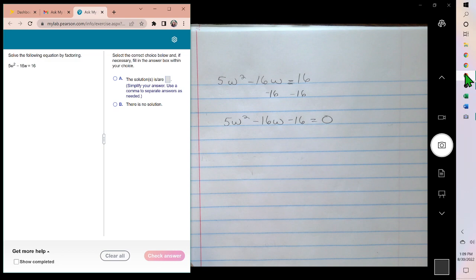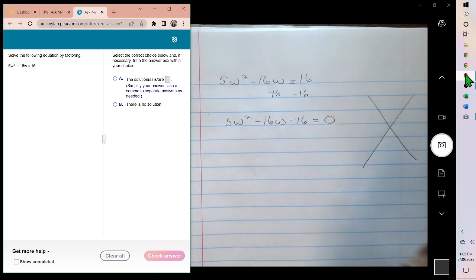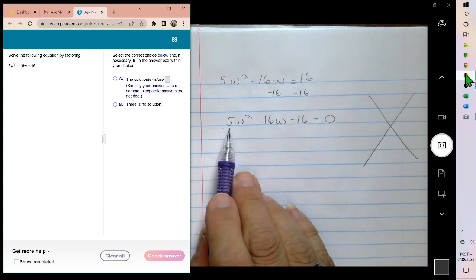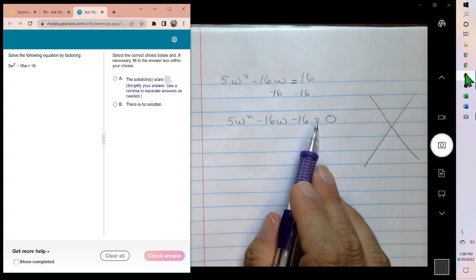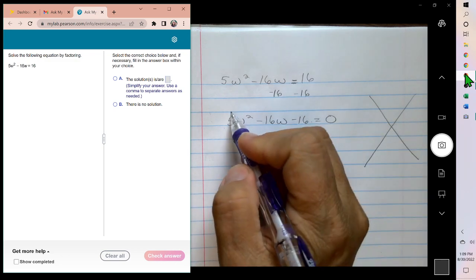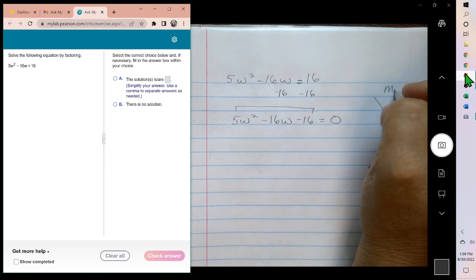Then we need to factor it. When there's a number in front, first see if you can divide it out. But in this case, 5 won't go into the 16s. So we could take 5 times 16 and multiply those.